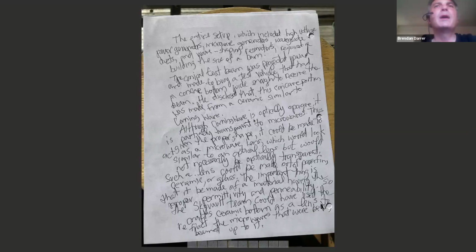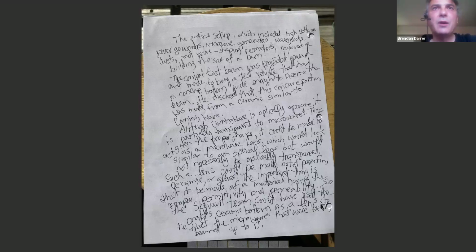Although Corningware is optically opaque, it is partially transparent to microwaves. Thus, given the proper shape, it could be made to act as a microwave lens, which would look similar to an optical lens, but would not necessarily be optically transparent.